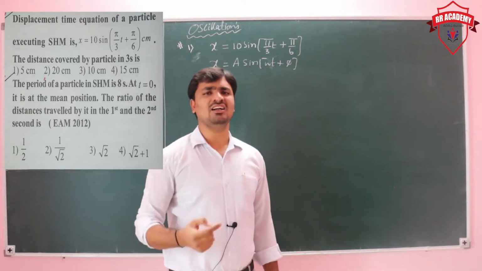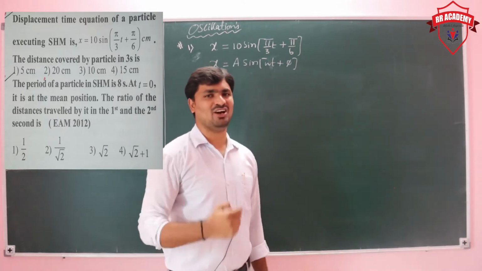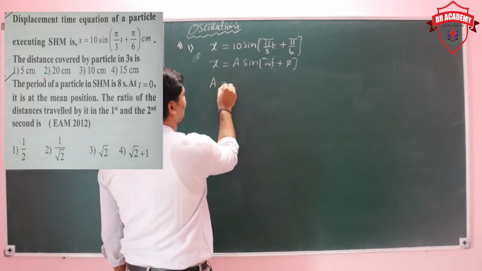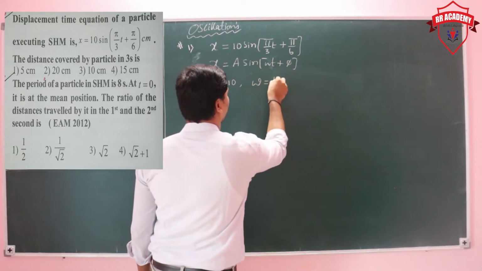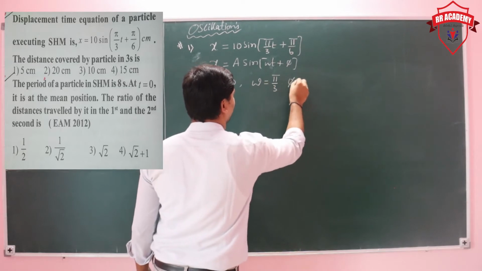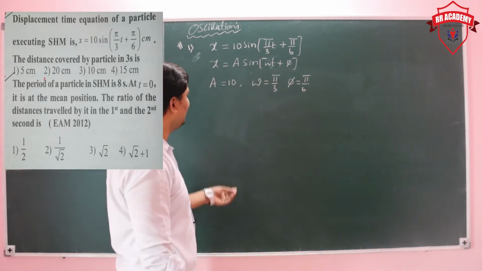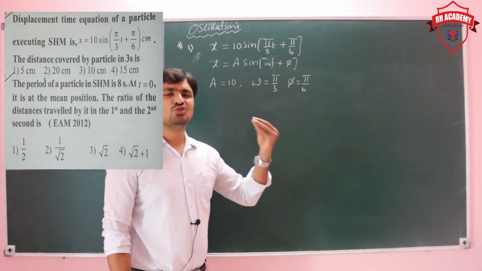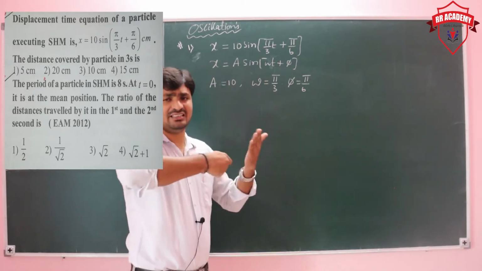To find that, first we get the time period of the motion. Comparing, a is equal to 10, omega is equal to pi by 3, and phase phi is equal to pi by 6. Our requirement is the distance traveled in 3 seconds, so first I require the time period.